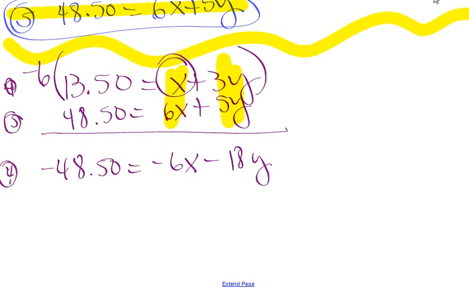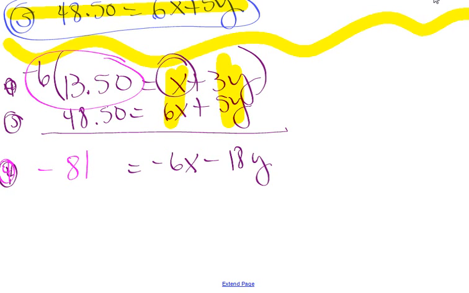Oh, excuse me, I made a mistake here. I copied the next equation over. Negative 6 times 13.50 right here equals negative 81. I'm sorry about that. And the rest of it is correct. Negative 6x minus 18y. So that's our equation 4 rewritten.